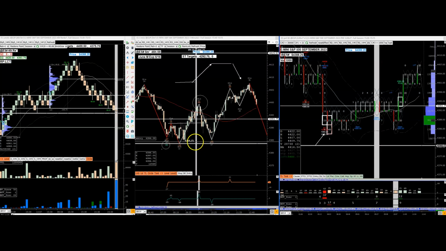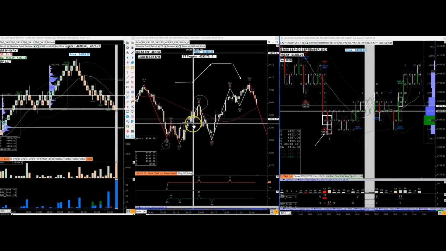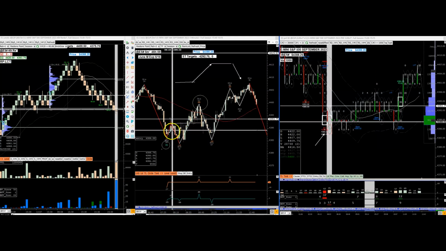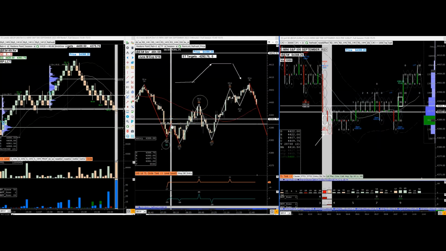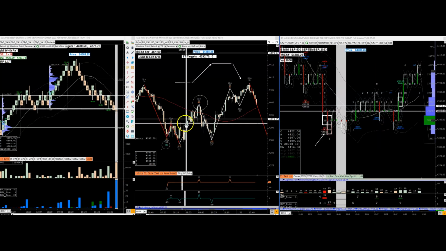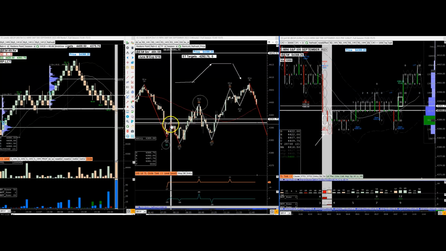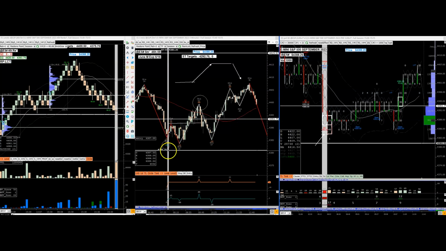You're very tempted to get in here, but don't fall for it, because you have, what is it called? This right here is the creek. That high, that point, that's the creek.